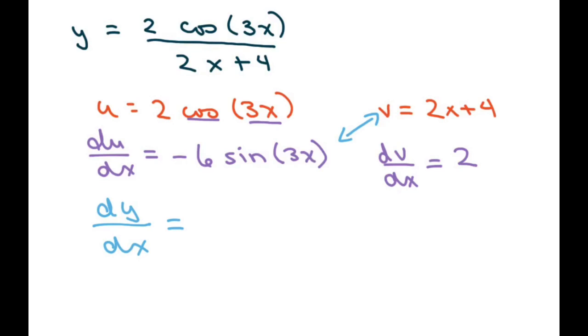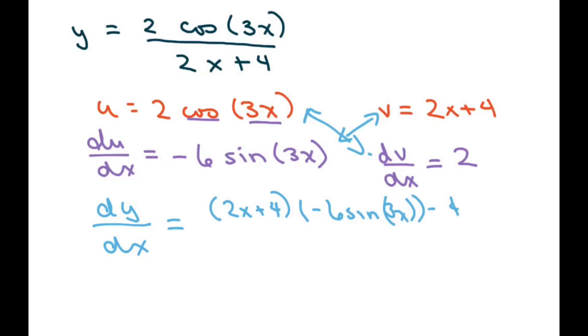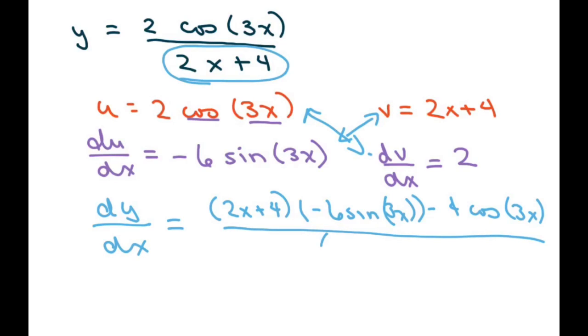So that's going to be 2x plus 4 times negative 6 sine of 3x minus, and then you multiply those two, and that's just going to be minus 4 cosine of 3x. Now with the quotient property, you're just going to take the denominator and square it.